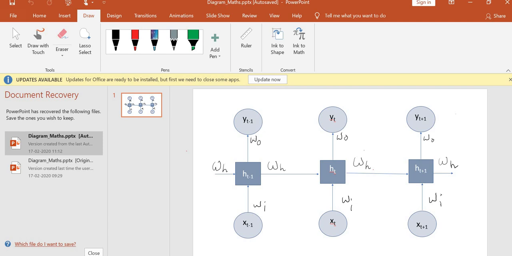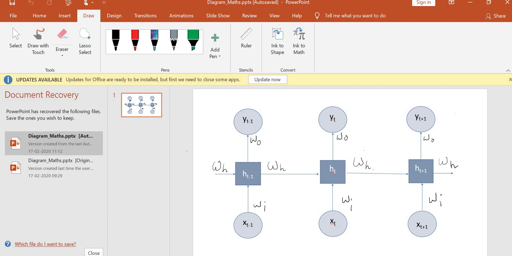And you have the hidden layer at timestamp t, h(t), and at timestamp t+1. But one important thing you can notice here is that Wh is the same everywhere. The weights are the same, and the bias bh is also the same. I didn't show it in the picture, but we use bh in the equations as well.